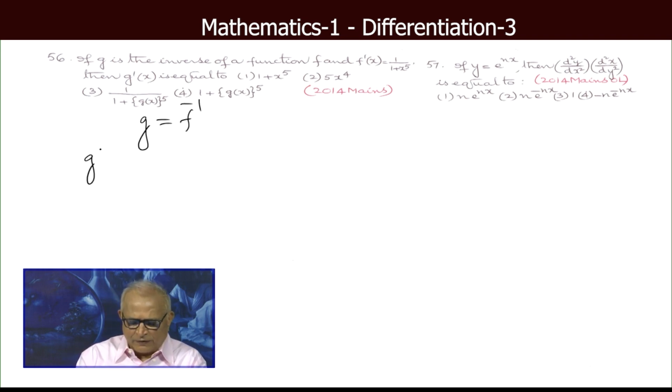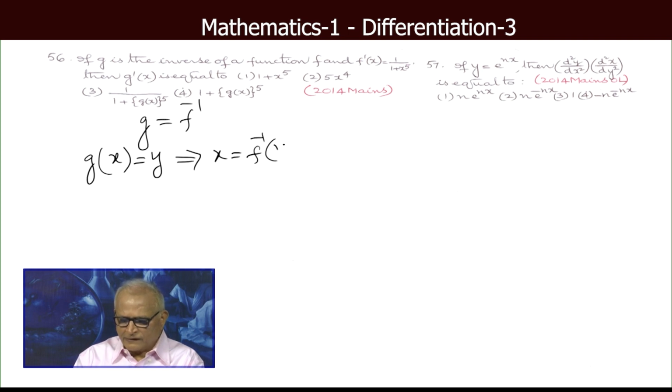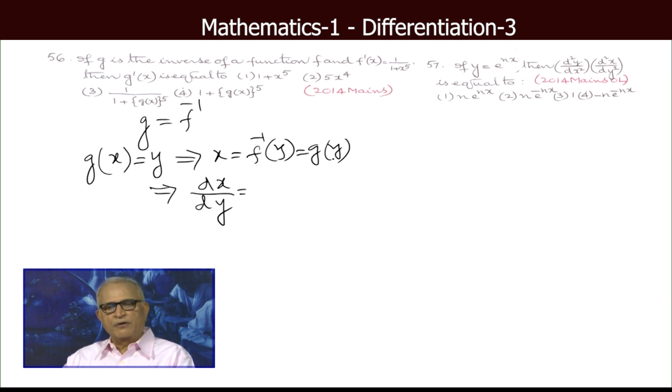Let g x equal to y, then x equal to f inverse y or g y. Okay. Then what is dx dy? Derivative of x with respect to y, or derivative of g y with respect to y, which is g dash y.